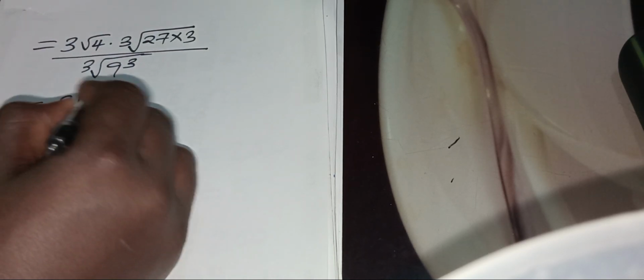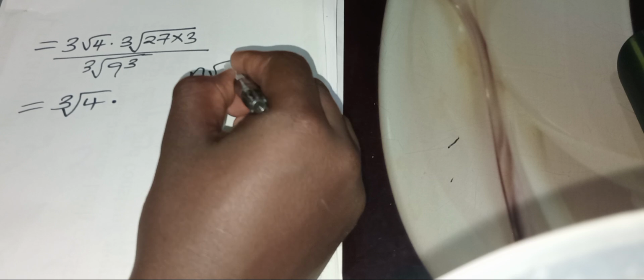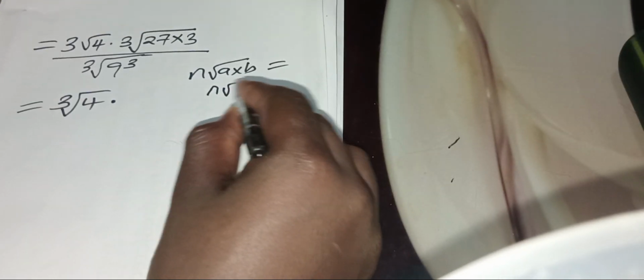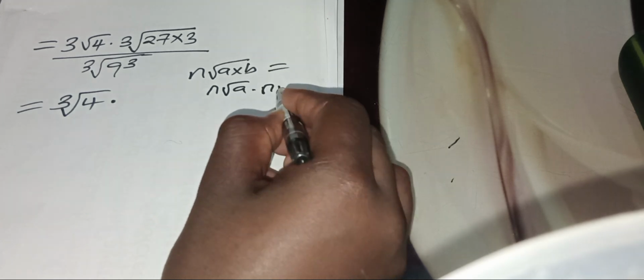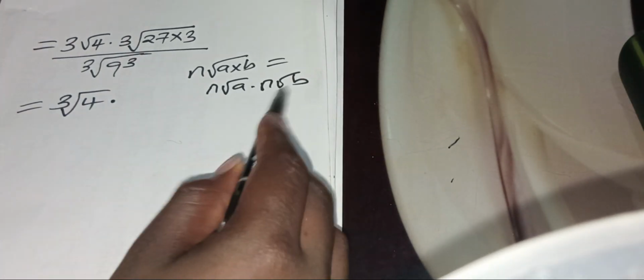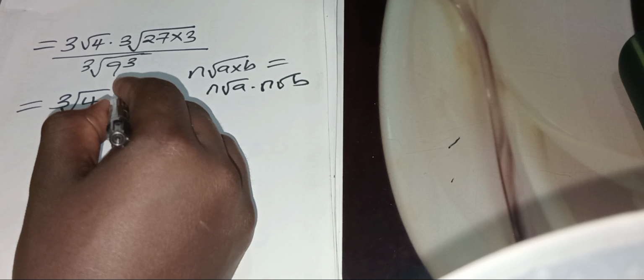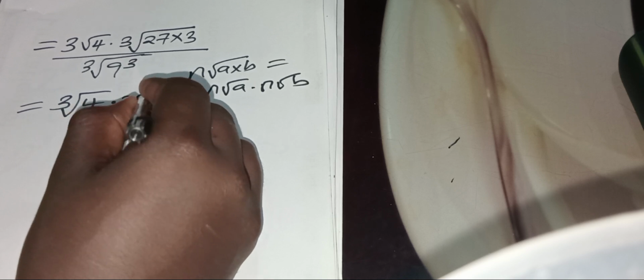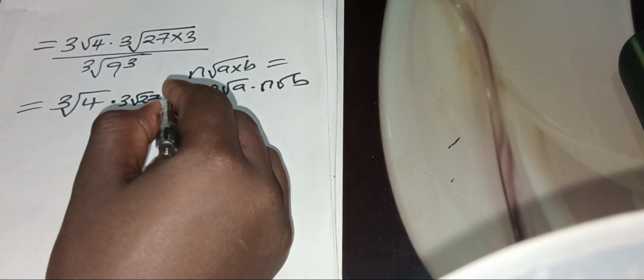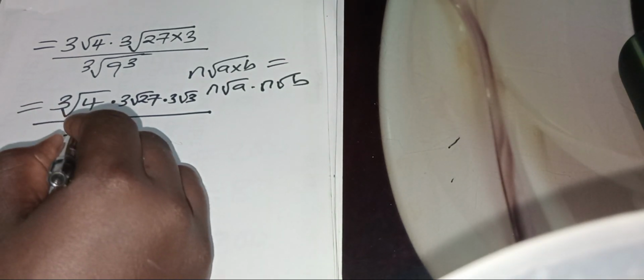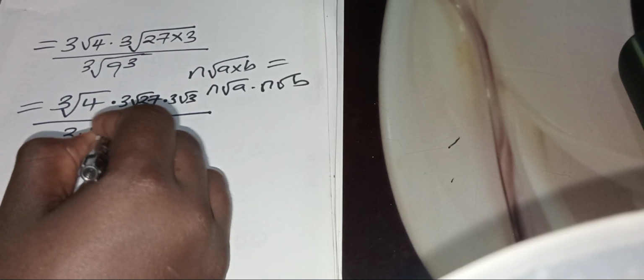When you have the nth root of a times b, this can be expressed as the nth root of a multiplied by the nth root of b. Let's apply this property. We'll have the cube root of 4 multiplied by the cube root of 27 multiplied by the cube root of 3, divided by the cube root of 9 to the power 3.